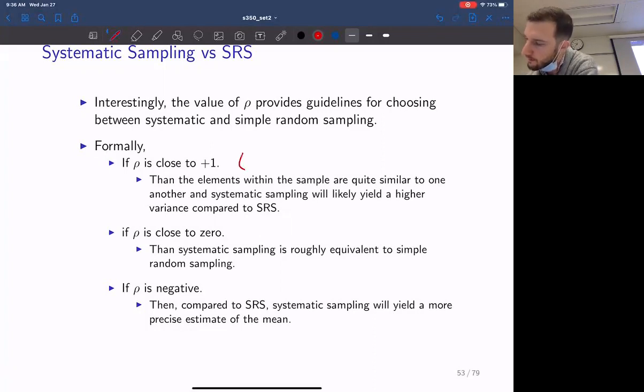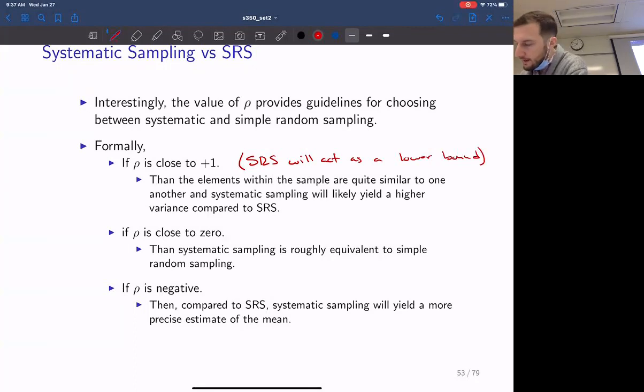So in this case, I just want to make sure I get this right. We can write that SRS is going to act as a lower bound. Okay, so in this case, we can say that SRS will act as a lower bound.